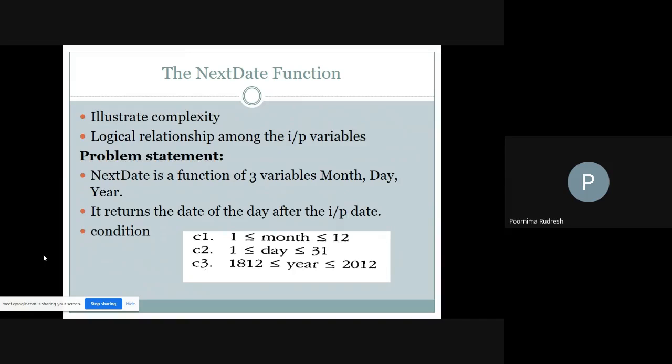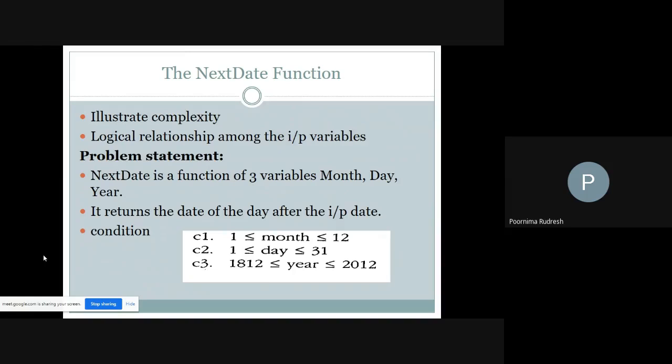If I enter 32 or 40, then the C2 condition fails. Or if I enter February 30, then also the condition fails. For C3, if I enter 2020, then the condition fails, and it returns the error message. If all three fail, if I enter February 30, 2020, then what happens?